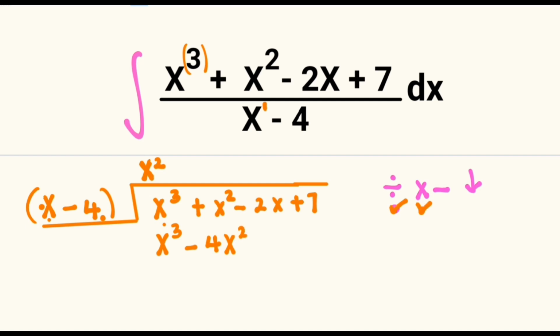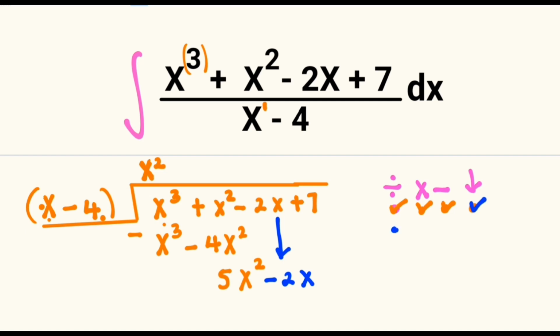We are done with the multiplication. Now we minus. X cubed minus x cubed will be equal to 0. X squared minus negative 4x squared will be equal to positive 5x squared. We are done with the minus. Now we have to drop down. We drop down that negative 2x. So we are done with the drop down.